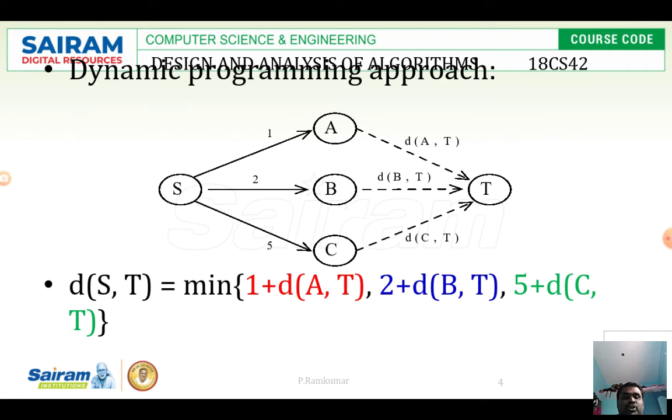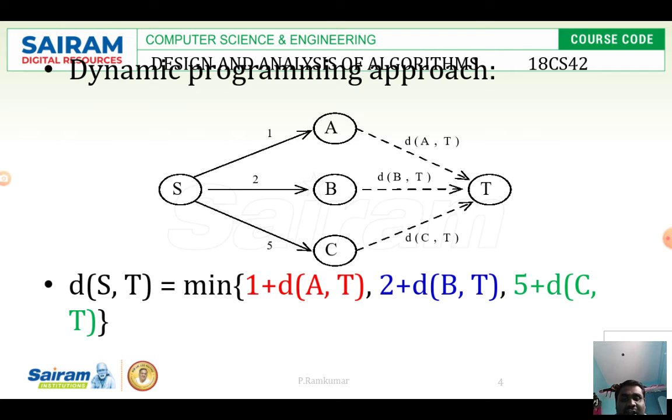For that purpose, I am going to use the methodology: minimum of distance of A comma T plus 1, since from the source to A the distance is 1; 2 plus distance of B vertex to T, since from source vertex to B the distance is 2; and next, from source vertex to C the distance is 5, so 5 plus distance of C vertex comma T. Now I have to compute all those values.